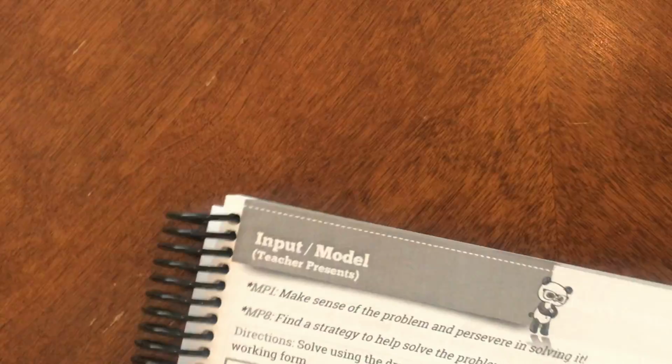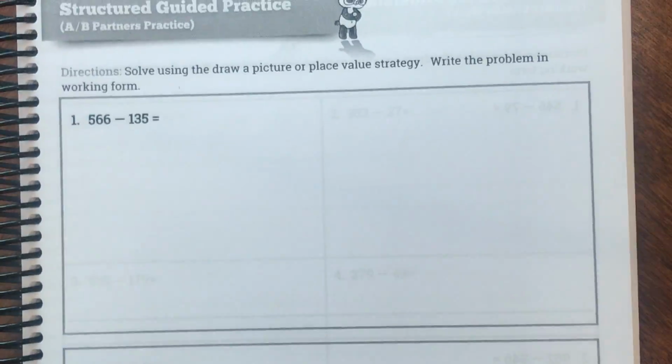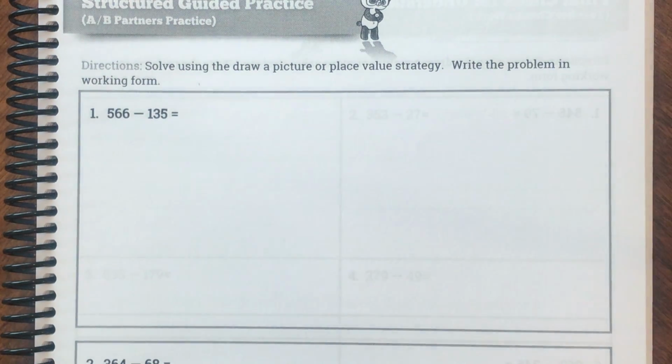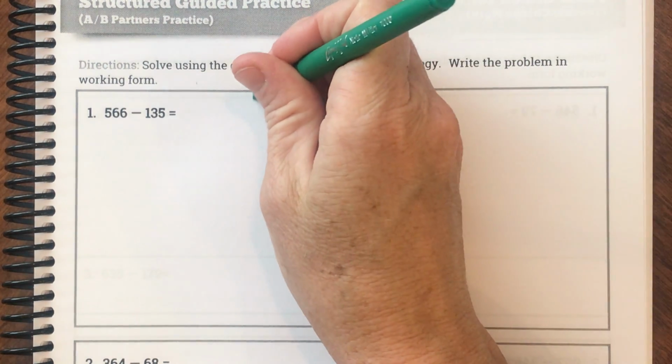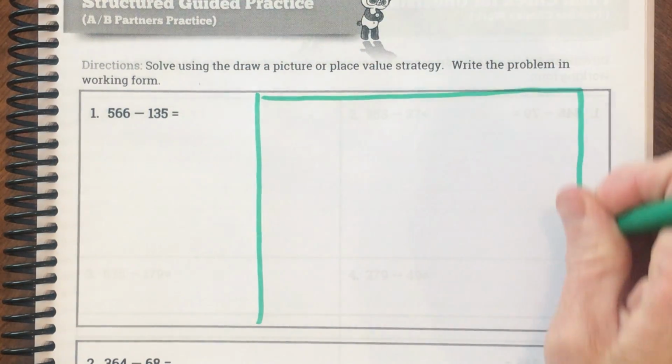Okay, let's try some of these together. We are on page 106. Page 106. And let's do our draw a picture strategy first. Okay, ready? So I'm going to start about here so I leave some room for my working form. Let's do a big rectangle.